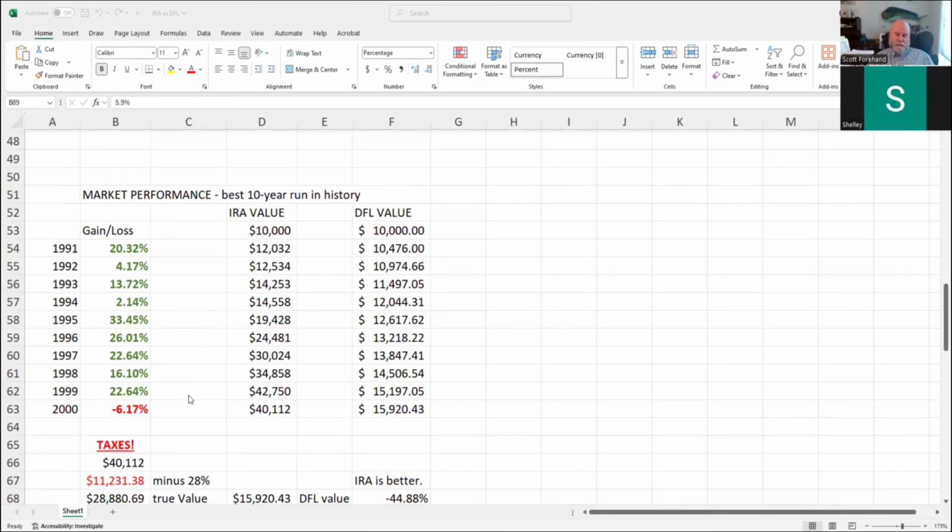How often do you call it perfect? How often can you call it exactly right? It's rare. And when you run into those people that tell you they can call the market right, they're usually full of it. Very, very few people can call it right. The best strategic investors on Wall Street call it right 55% of the time.